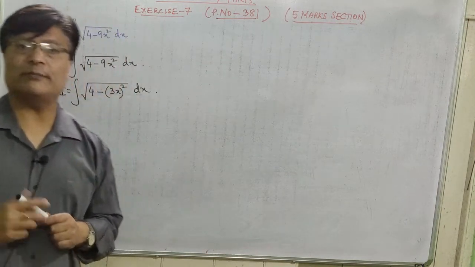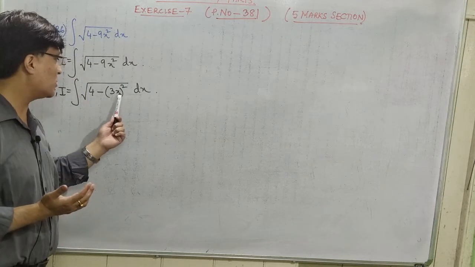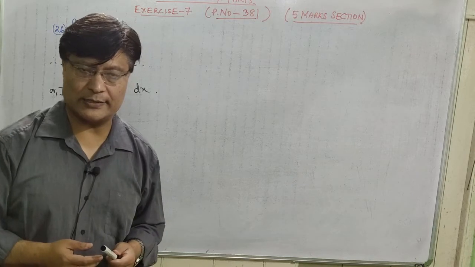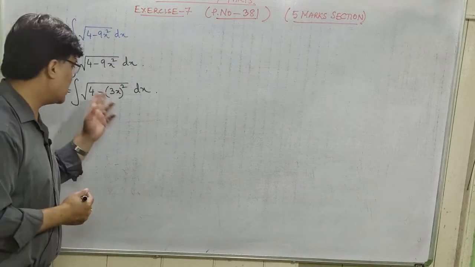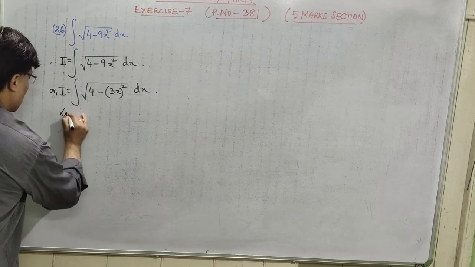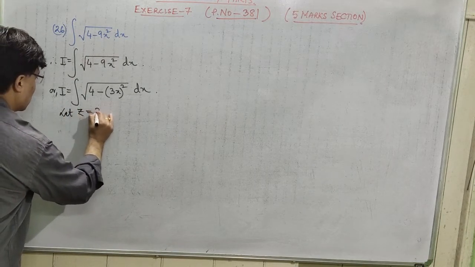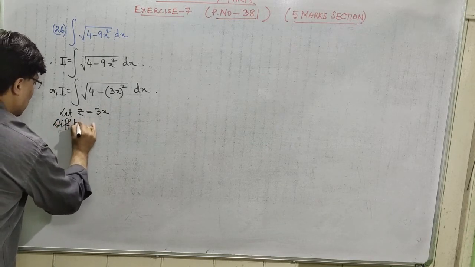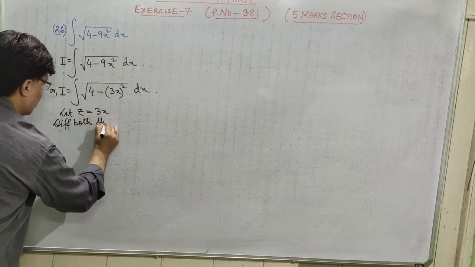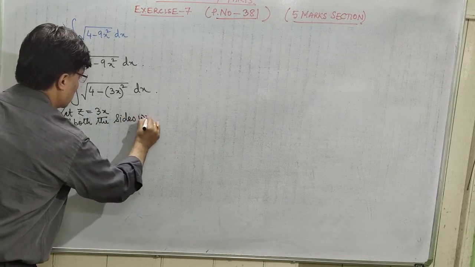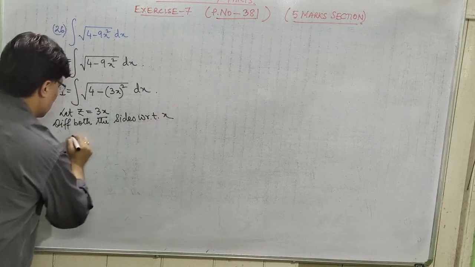So let us use the method of substitution here, because here the coefficient of x is 3. You cannot directly use the formula in this case, standard integral. Okay. So let us do the method of substitution here. Let z is equal to 3x. Now you write down differentiating both the sides with respect to x.